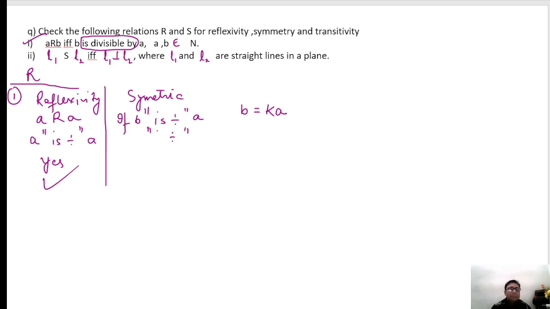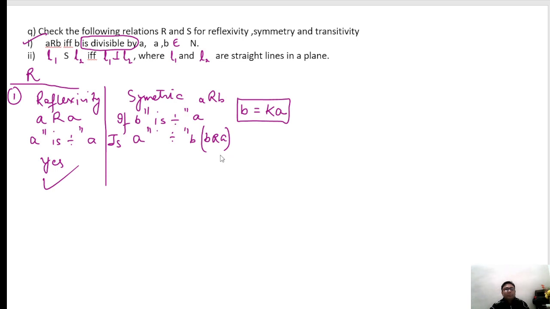If B is divisible by A, for this condition A R B, okay, B divisible by A, that means I can write B equal to KA. Now is A divisible by B?